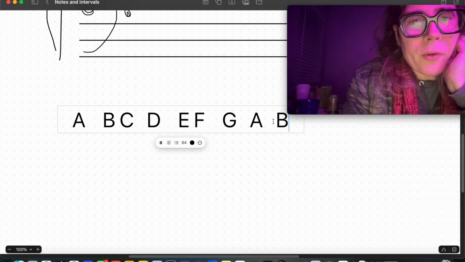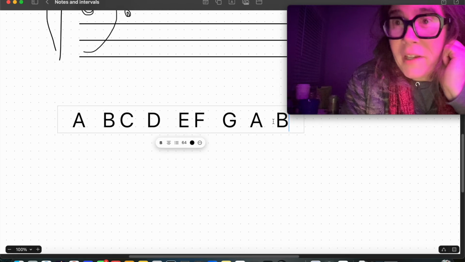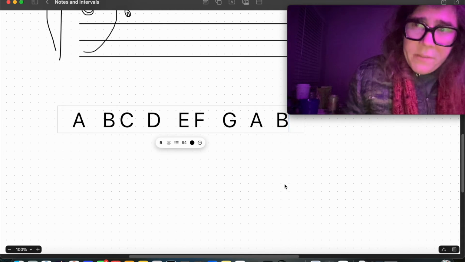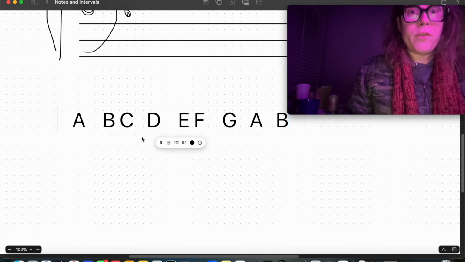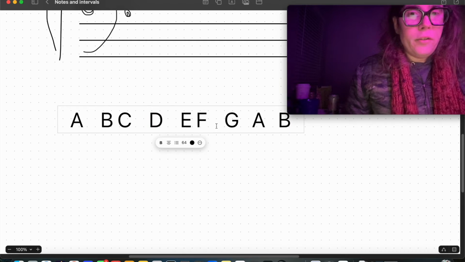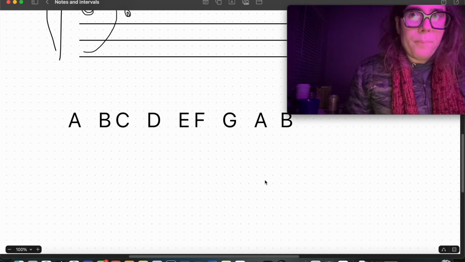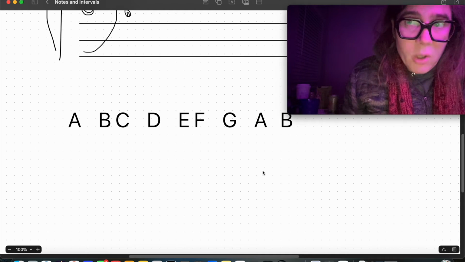So let's think about this as being flexible. I've left these spaces in between the notes. Why? You've probably guessed, because I'm going to represent the notes that are in between them.